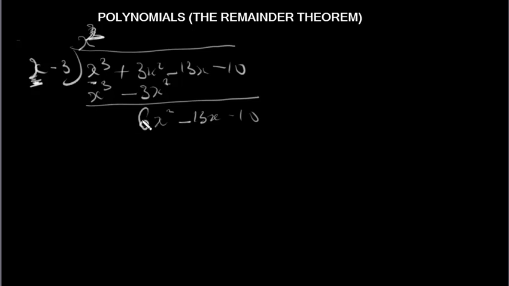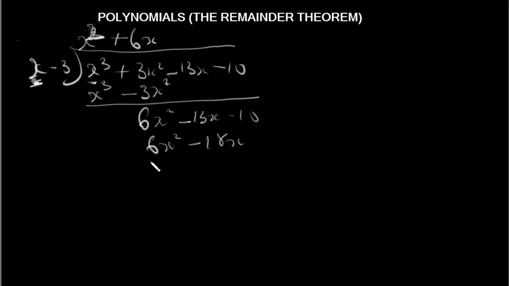So we'll repeat the same thing. We look for a term such that when we multiply this term with that term, it will give us this. In this case now it is plus 6x. So x times 6x will give us 6x squared, minus 3 times 6x will give us minus 18x.